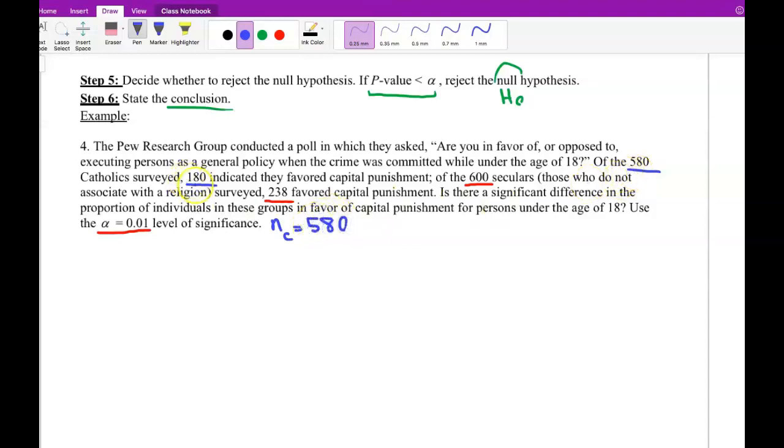Out of that number, 180, that is X. Then for seculars I'm using S. And here N_S is 600 and X is 238. Then alpha is 1%.